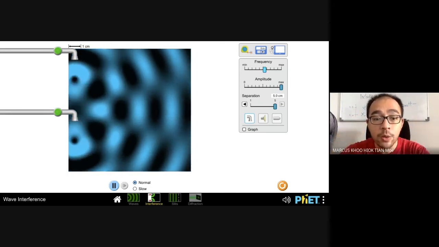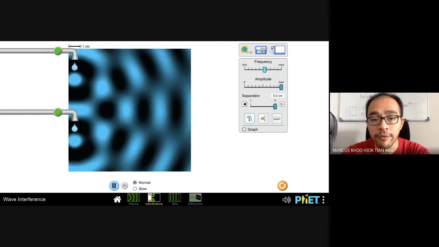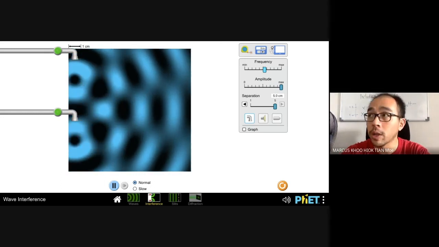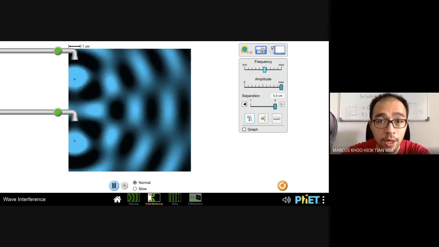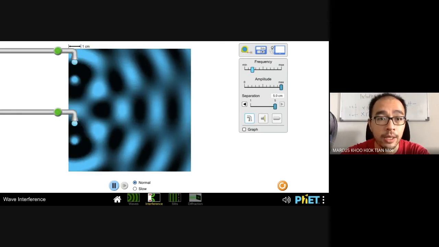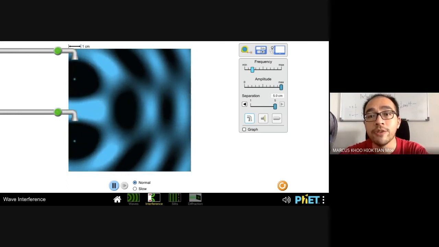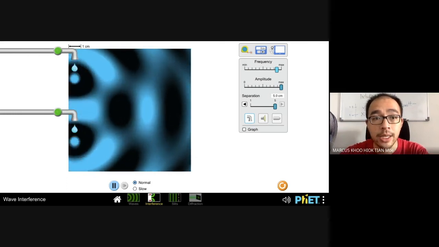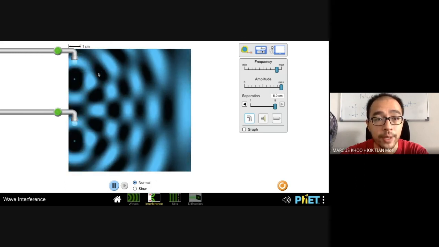So bigger wavelength is smaller frequency. If you want to change to a bigger wavelength, you create a smaller frequency. And if you want a smaller wavelength, you increase the frequency, then you find that the wavelength becomes much smaller.